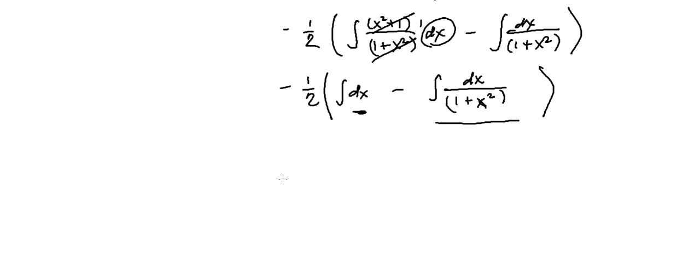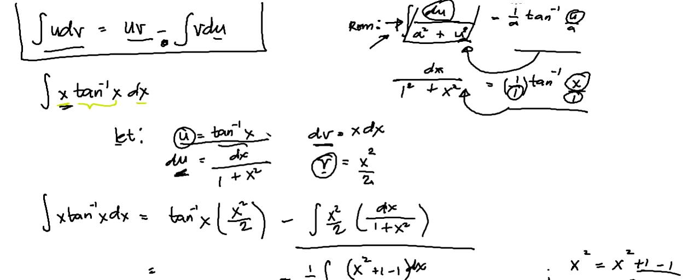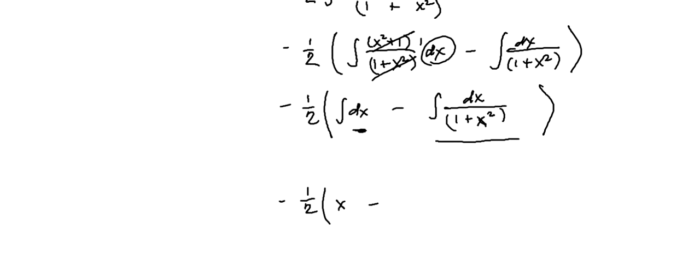So let's now take the integral of these two. The integral of dx is simply x, minus the integral of this one. So we have 1 over a arctan u over a. Our a is 1, so we have arctan of x over a, or just tangent negative 1 of x. Now simplify this.